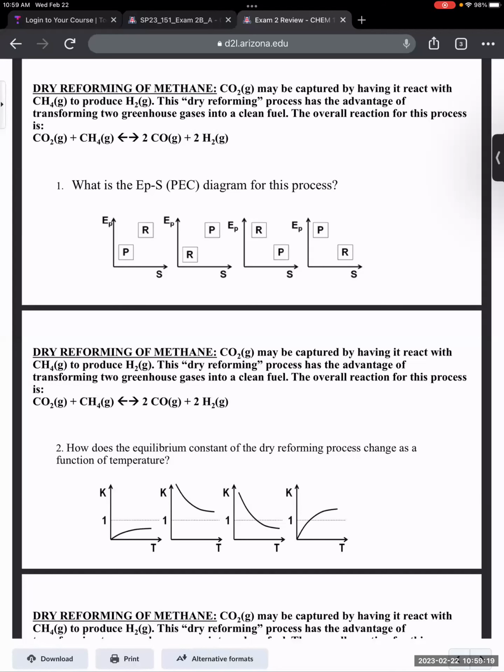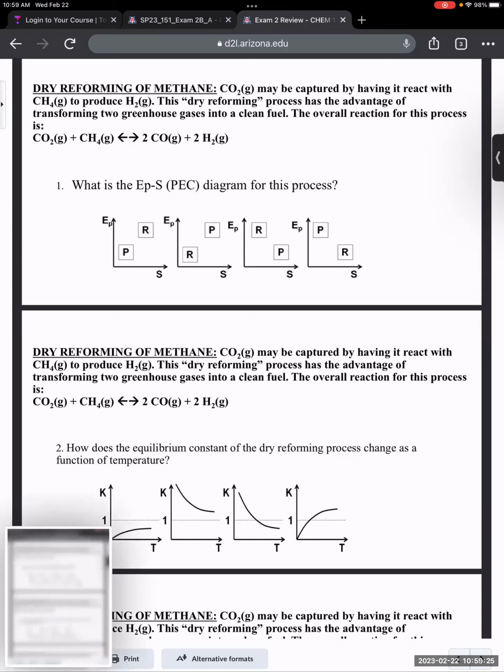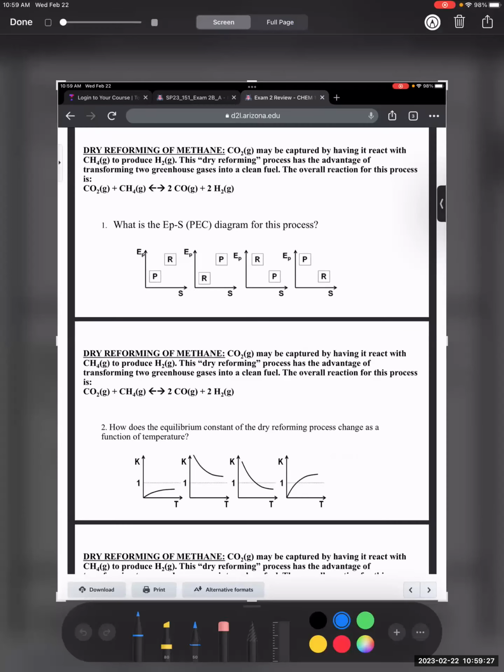To do that, we need two things. We need to determine the relative potential energy, and then we determine the relative entropy. When it comes to relative potential energy, it's all about the bond strength. We have all AB bonds on the reactant side. Therefore, we're going to have a lower potential energy on the reactant side.